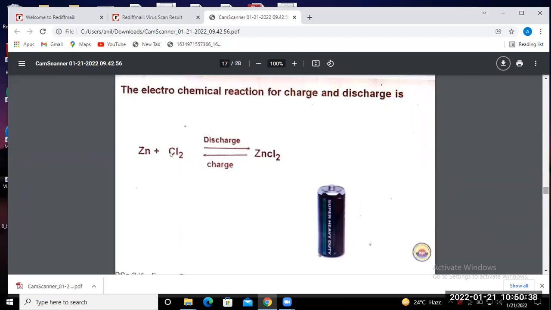That means Zn plus chloride. During discharging, it makes zinc chloride. When charging, zinc chloride makes Zn plus Cl2. So this is the zinc chloride battery, where Zn is used for the anode and chloride is used for the cathode.